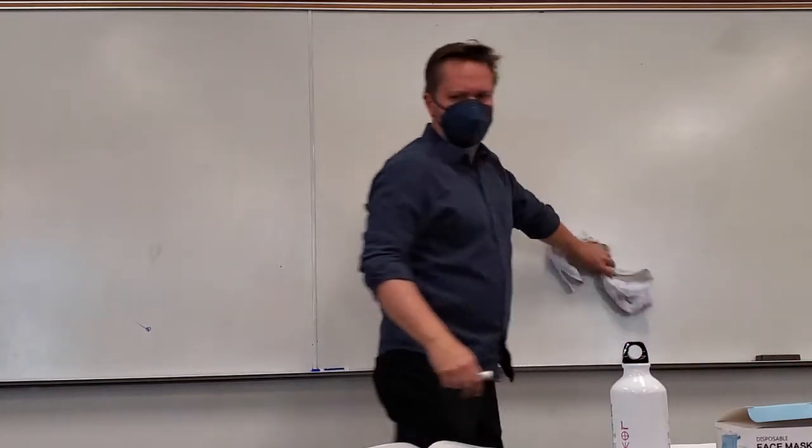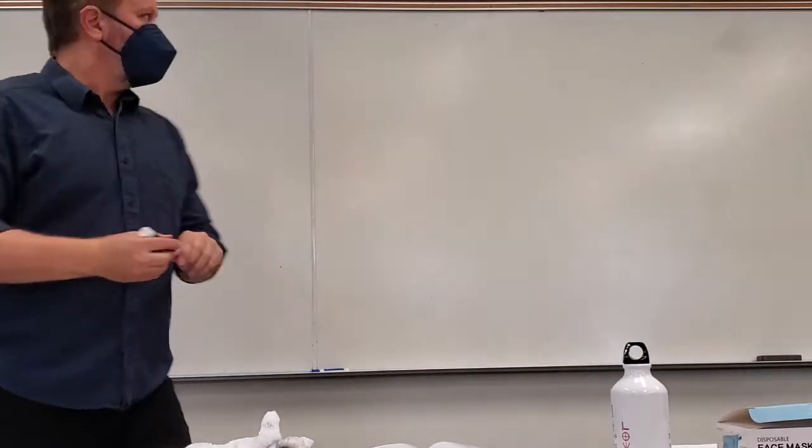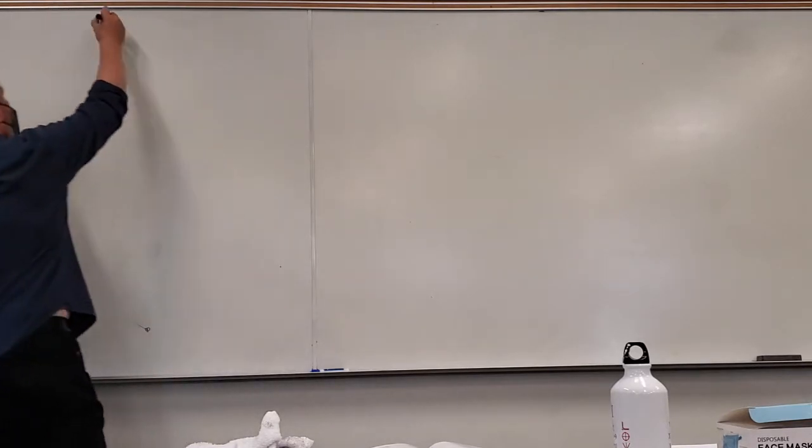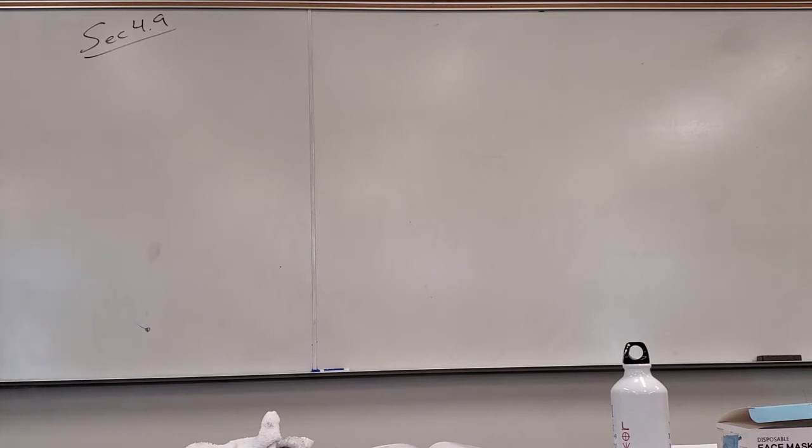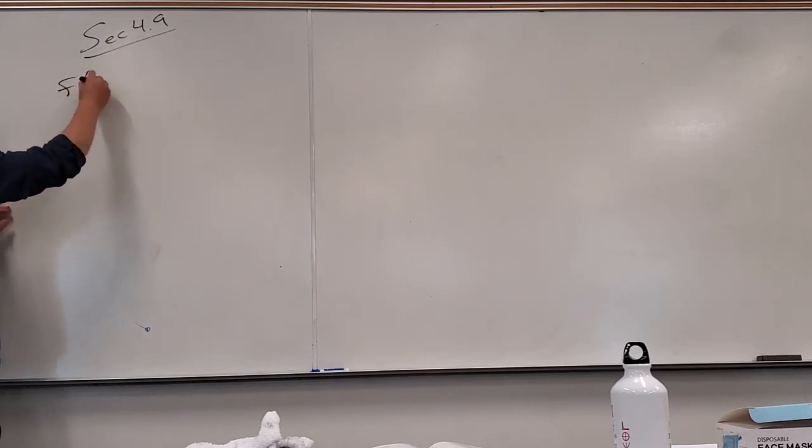All right. We sort of did section 4.9 a little bit on the way as we're doing derivatives, because it just kind of naturally makes sense to talk about if I can go one way, I need to be able to go the other. Let me give you some notation. Let's start off nice.